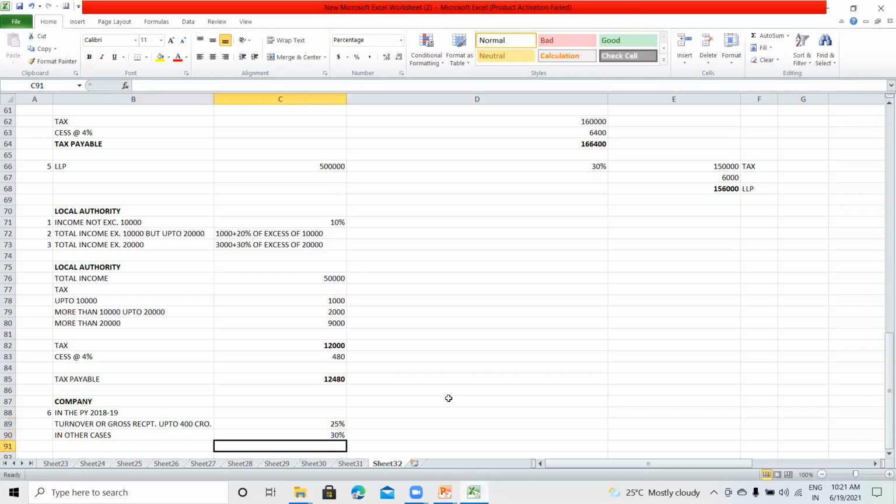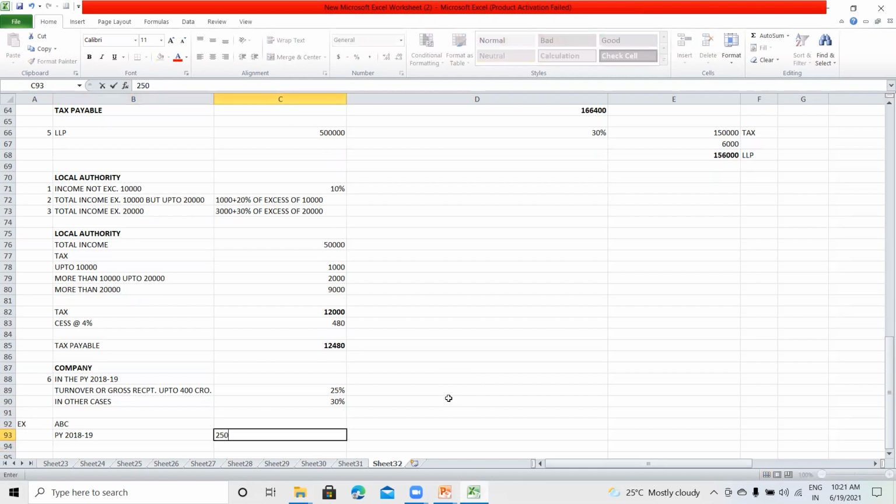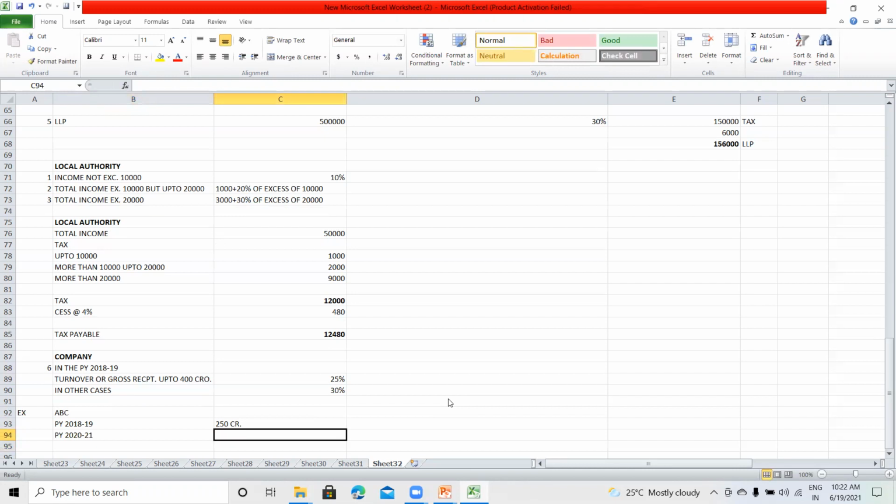Now we will discuss it by way of example. There is a company ABC, and the turnover in the previous year 2018-19 is 250 crore. In the previous year 2020-21, the amount of income or profit is 20 lakh.